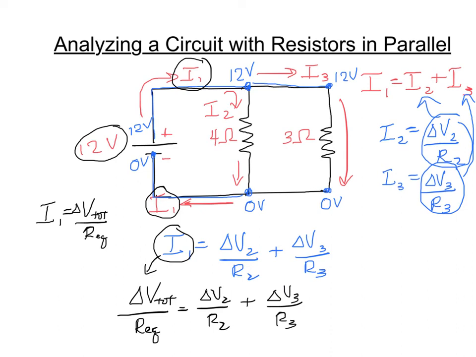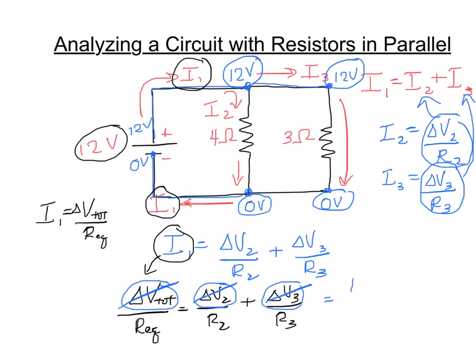But notice the total amount of voltage, that 12 volts, is the exact same as the voltage across each branch. Remember, we had 12 volts up here, 0 volts down here, 12 volts up here, 0 volts down here. So these are all the same, left side and right side. So I can divide by that 12 volts, and these would all cancel out. That gives me an equation for the equivalent resistance of the circuit: 1 over Req is equal to 1 over R2 plus 1 over R3.